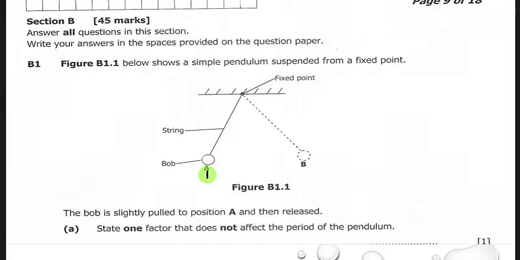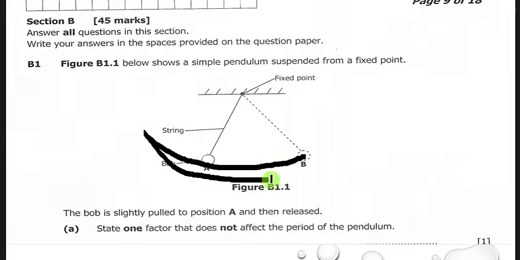The time taken to make one complete oscillation is what we call a time period. So one oscillation is when you pull this one here and allow it to swing. Definitely it will come like this and then come back like this. So this will be one oscillation. When it goes and comes back, it makes one oscillation.